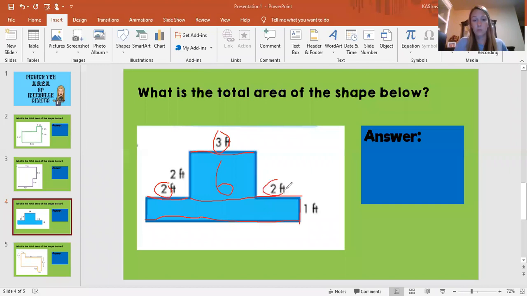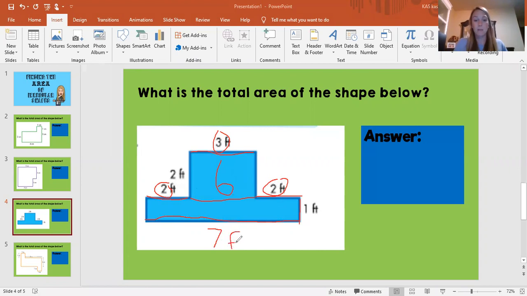So I know that I should add 2 plus 3 plus 2 to get this long missing side on the bottom. Okay, so start at 3. That's my big number. I'm going to add 2 more. So grab 3, 4, 5, add 2 more, 6, 7. So I would label that side as 7 feet.